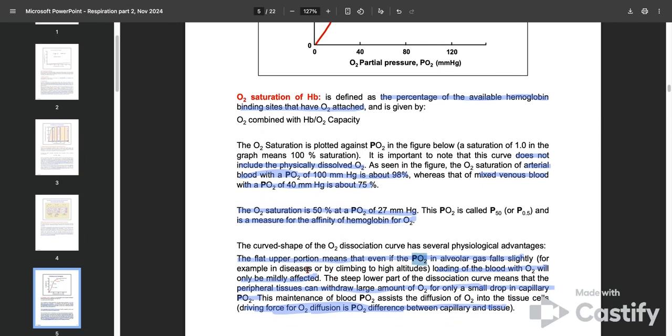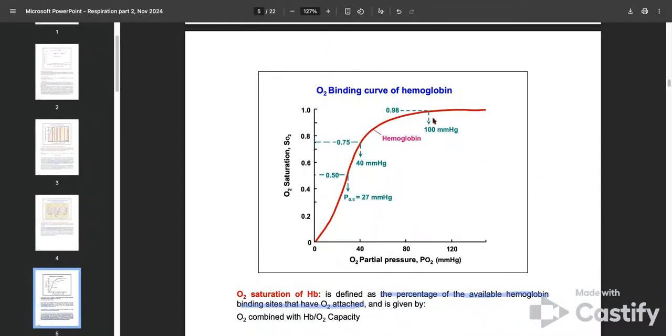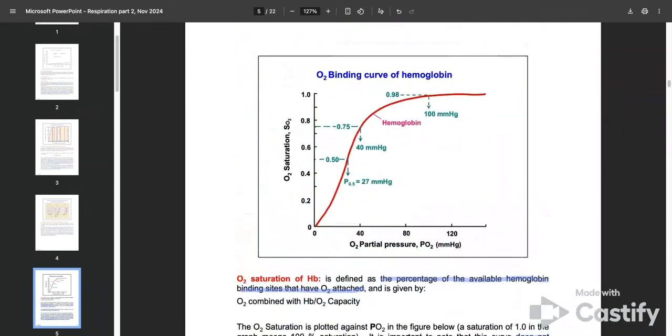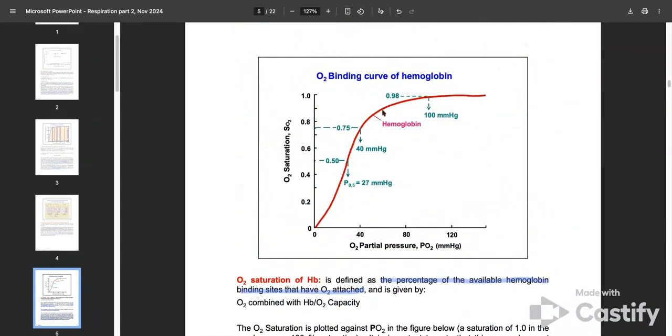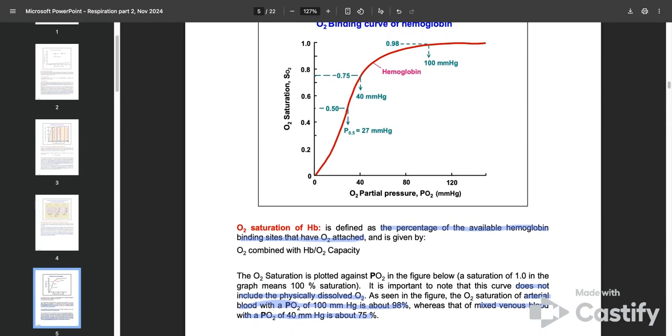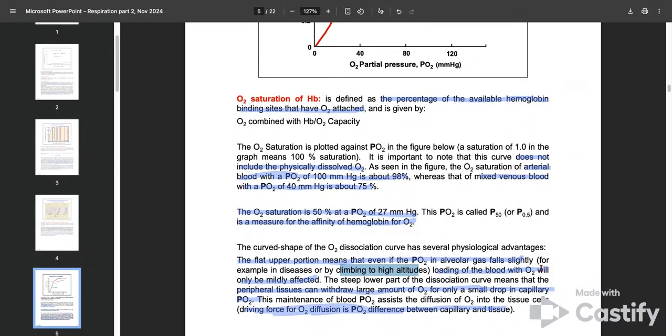Even if you're climbing to high altitudes, and you've got lower partial pressure of oxygen, this flat upper portion shows that you still have oxygen bound to hemoglobin. That basically means that oxygen isn't lost, so it can still be delivered to the tissues. So the loading of the blood with oxygen will only be mildly affected.